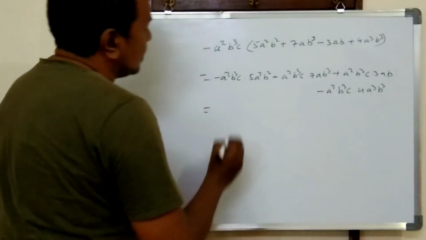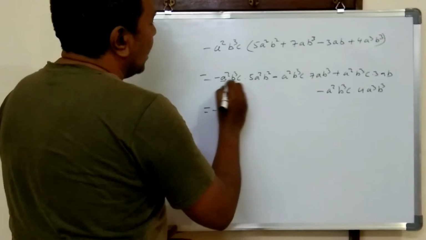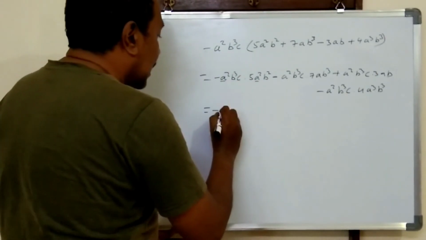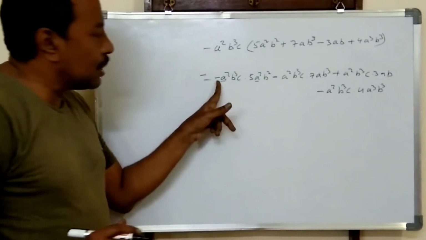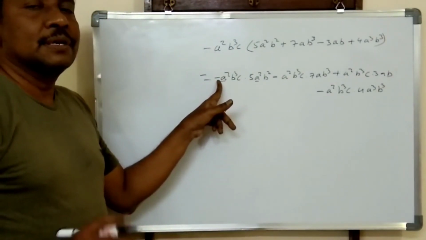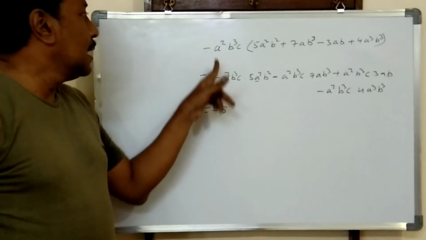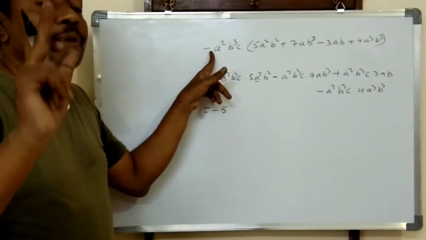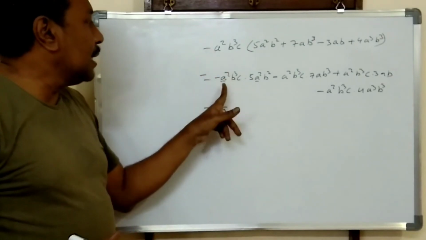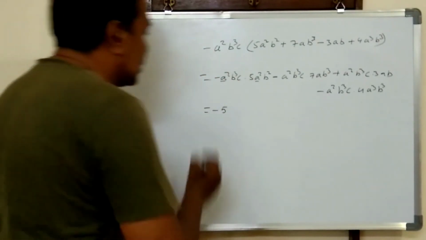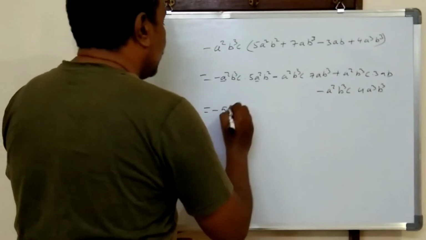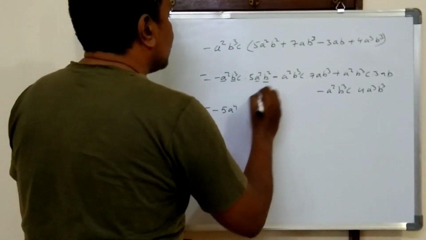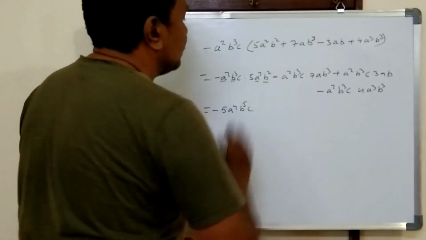Now that becomes minus a square into a square. But here 5 is there, so first we have to keep 5. If no numerical coefficient is mentioned, we should take it as 1. 1 into 5 is 5. A square into a square into a square, a power 4. b cube into b square, b power 5, c.